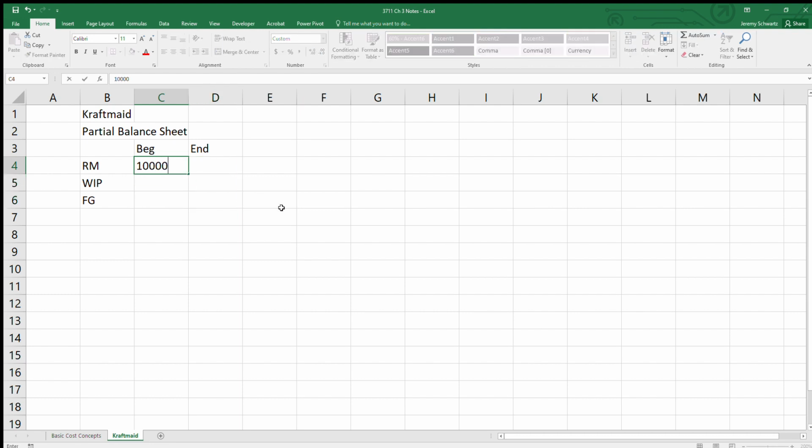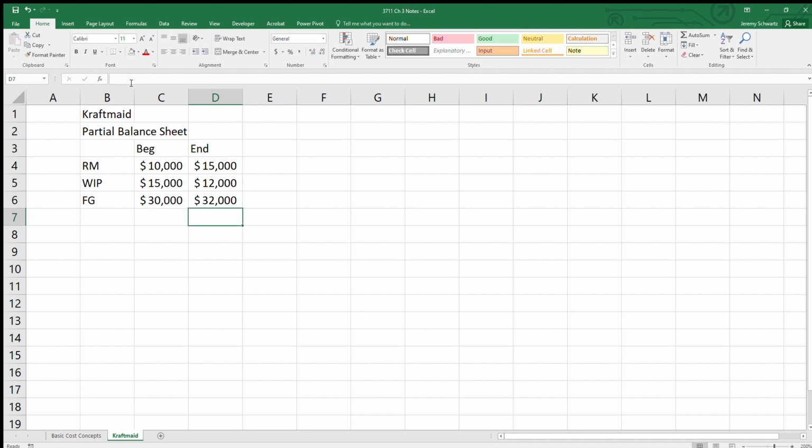So say we have 10,000 in beginning, 15,000 in ending for raw materials, 15,000 beginning work in process, 12,000 ending work in process. Let me fill that out more fully. And then we have our finished goods of 30 at the beginning and 32 at the end.